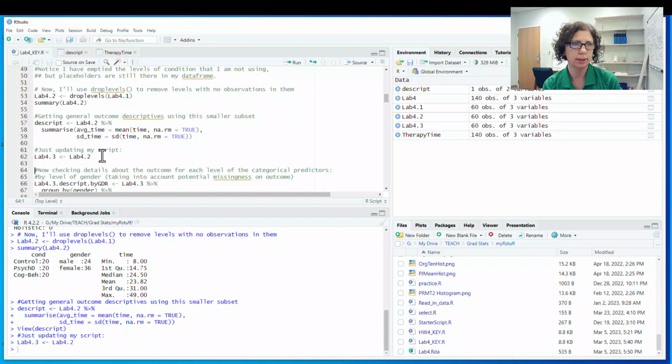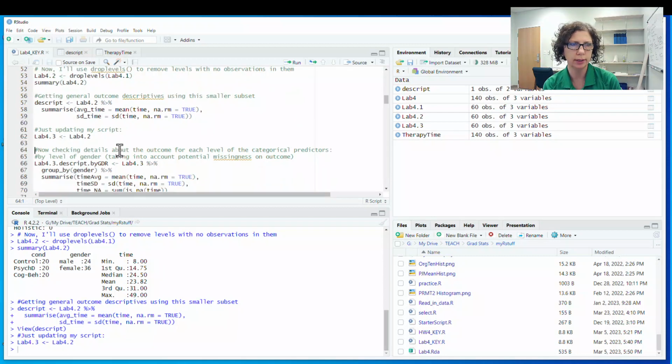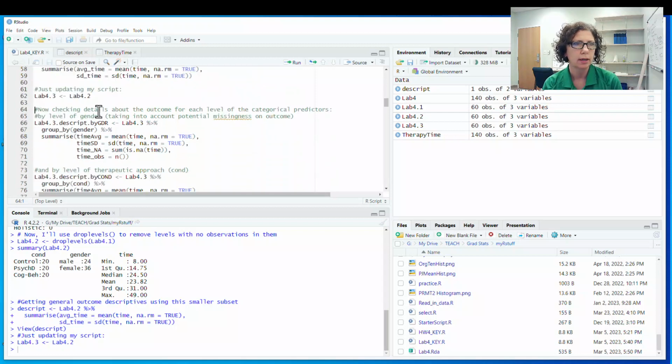And I'm just upping it to Lab 4.3 to keep my script organized. So now I want to check out the outcome at each level of the categorical predictors. I'll first check it out by looking at gender, and we've done this before where we use the piping tool to group by the levels of a categorical variable.